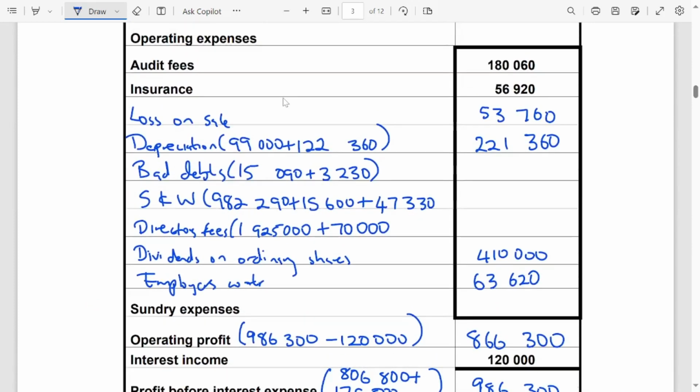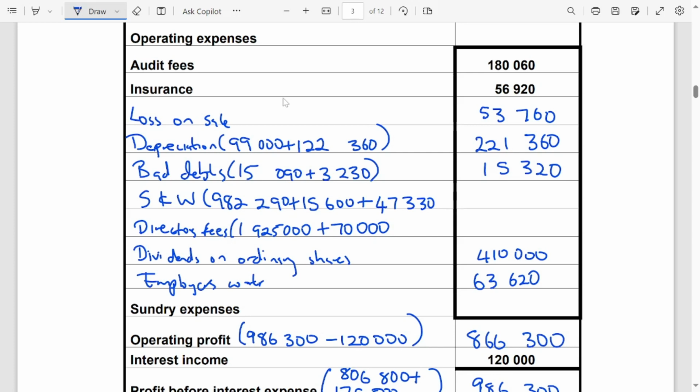Let's totalize here. Bad debts, 15,090 plus 3,230 plus. That is 15,020. Salaries and wages, 982,290 plus 15,600 plus 47,330.